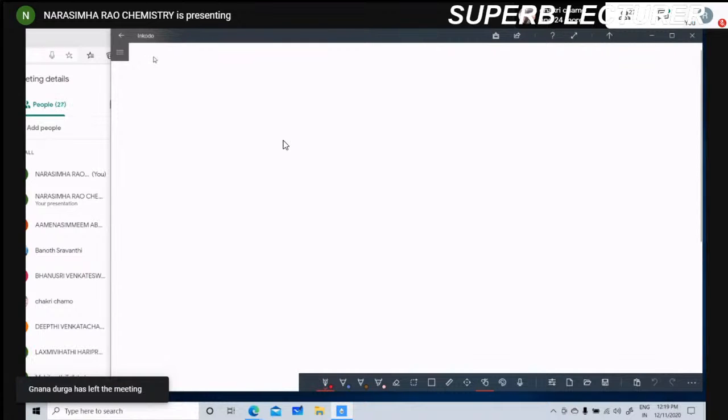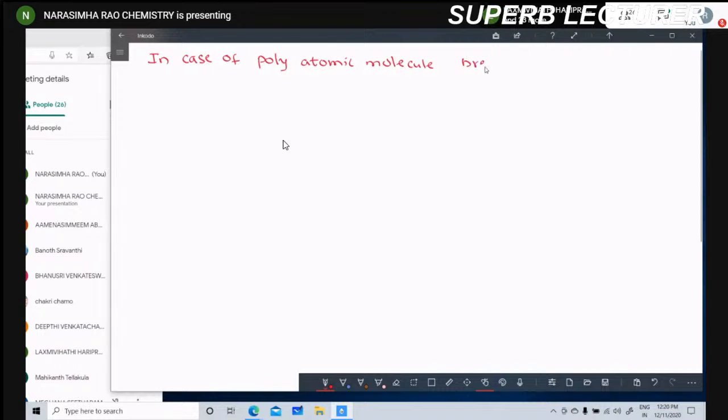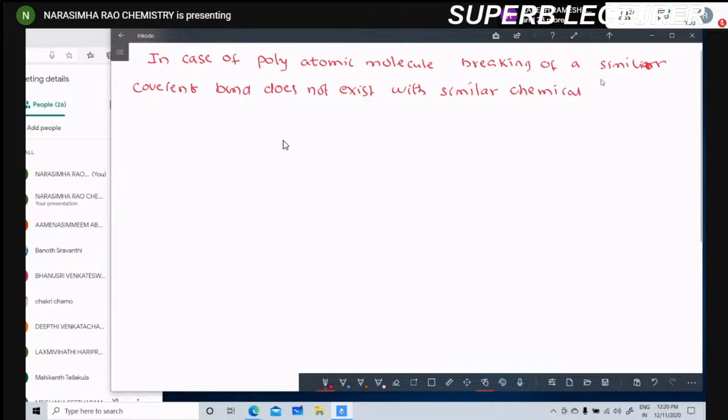In polyatomic molecules, the breaking of similar covalent bonds does not occur with a similar chemical atmosphere.